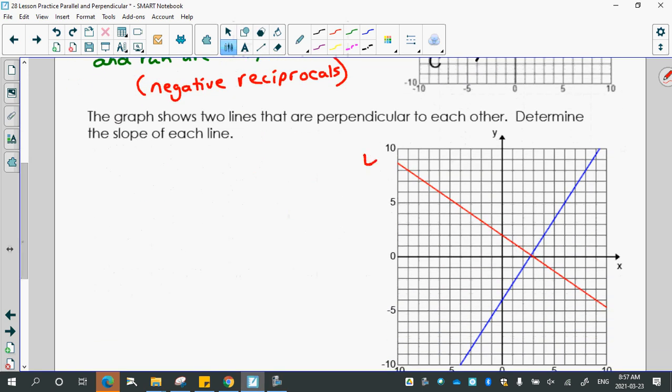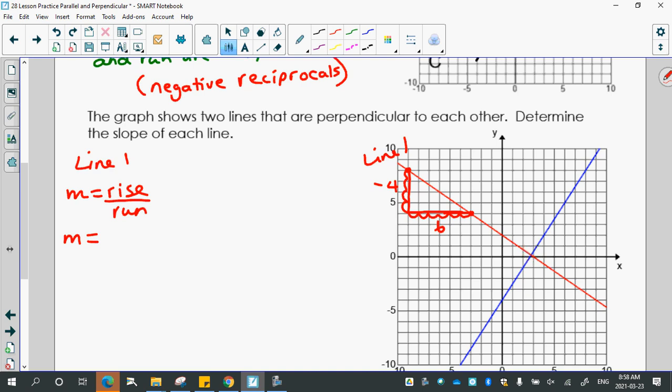Okay, it doesn't matter which. I'm going to call this one line 1. Okay, so I have to find a corner. And another corner. A negative sloping line.